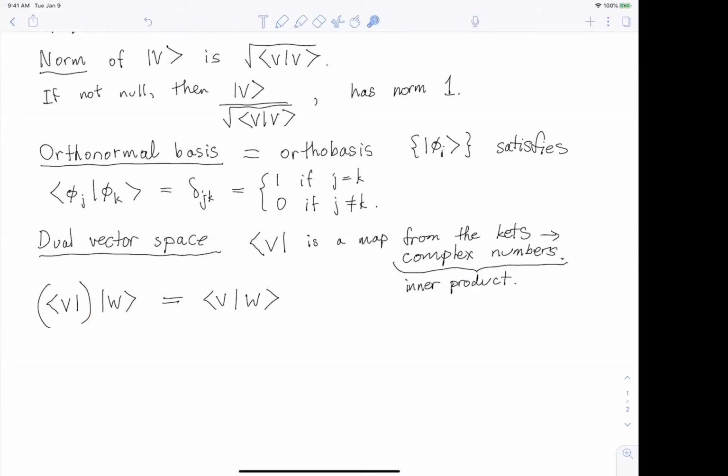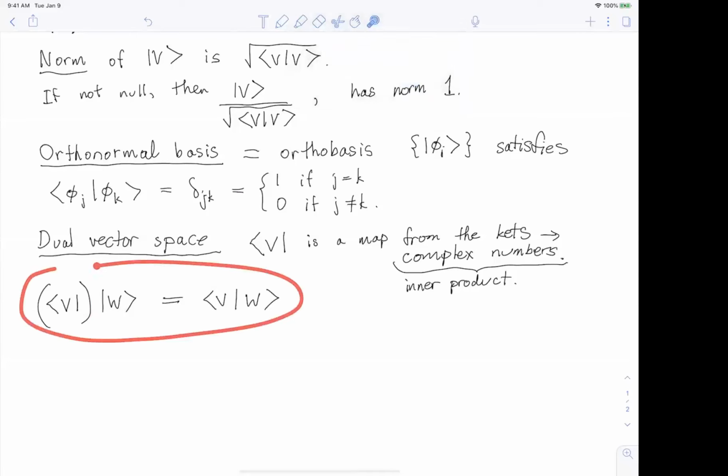Okay? Professor? Yes, go ahead. I'm sorry, could you please explain very briefly again, what do you mean by map from the kets? It just says that if I give you V and I give you any ket, it's going to give you a complex number, right? So it's just saying, given a ket, I act with V and I get a complex number out. Okay, and then this was telling you what complex number you get out.